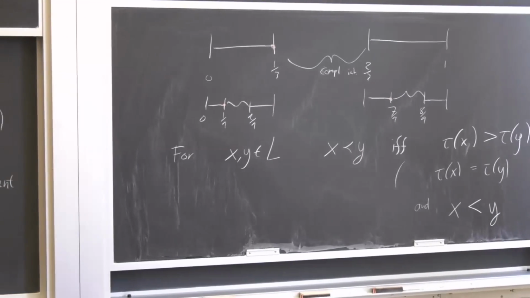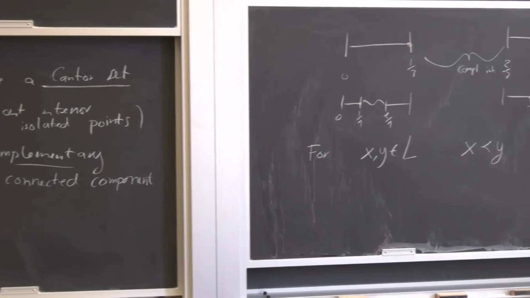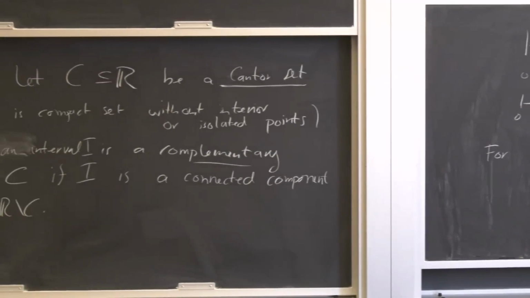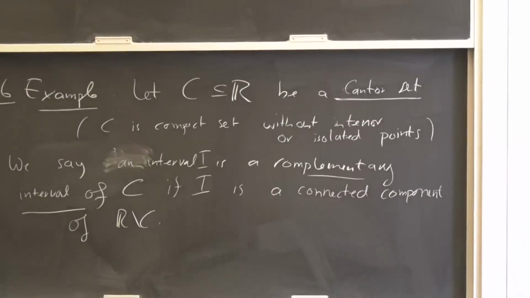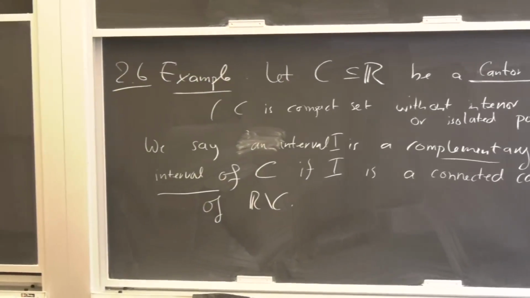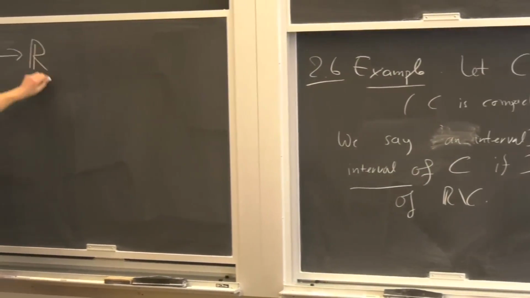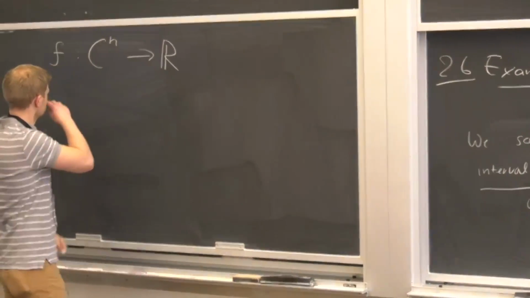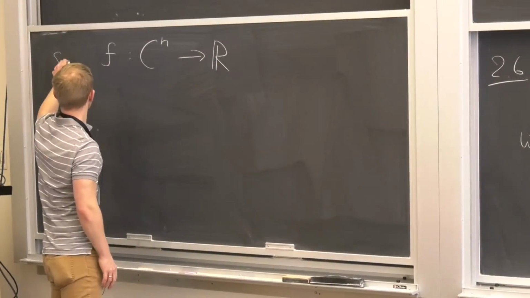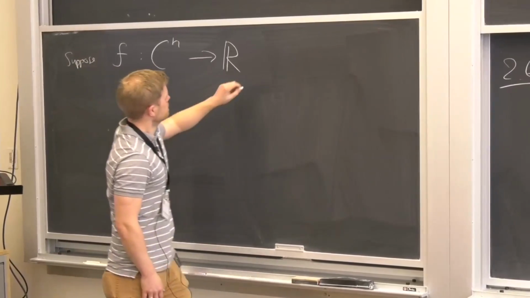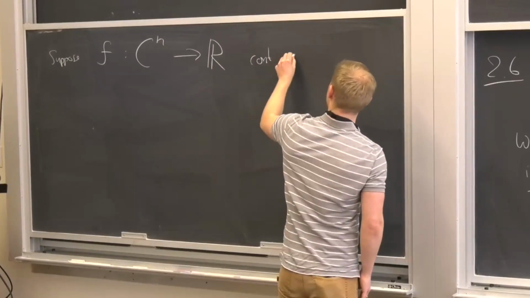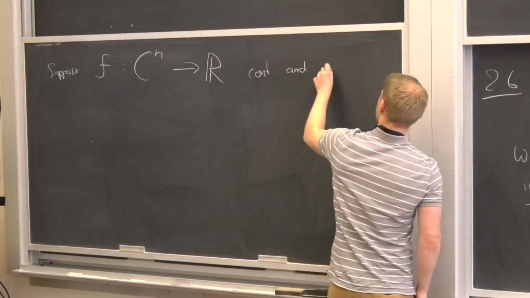As an example, suppose you have a function f, maybe continuous, such that the image of C has interior, so it is somewhere dense.